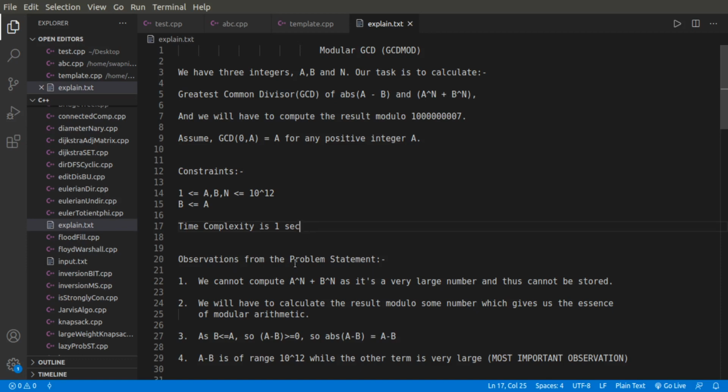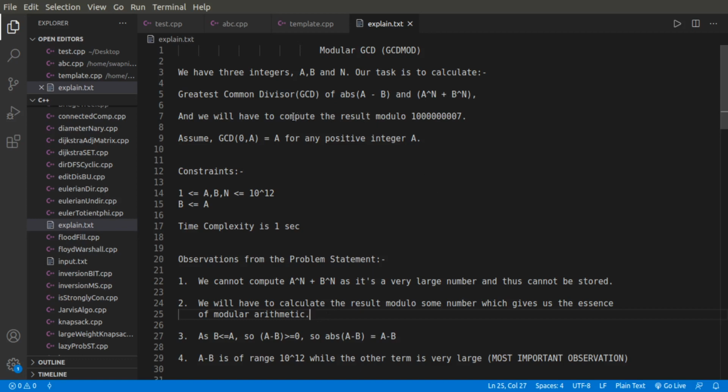The basic observations from the problem statement are: first, we cannot compute this term directly, because it's a very large term. A, b and n are around 10 power 12, so this term will be huge and it cannot be stored in our computer. The second observation is that we will have to calculate the result modulo some number.